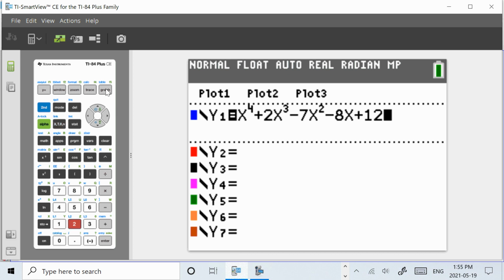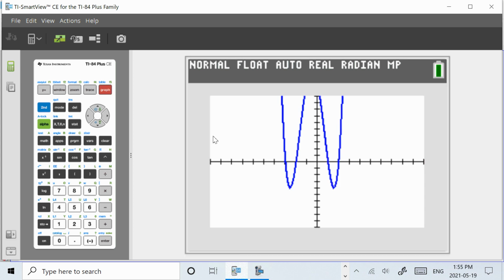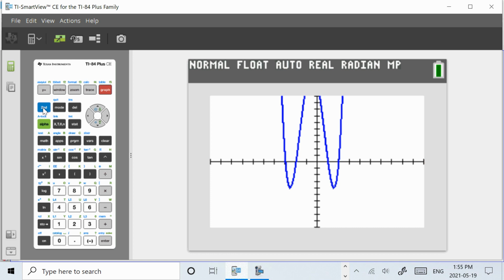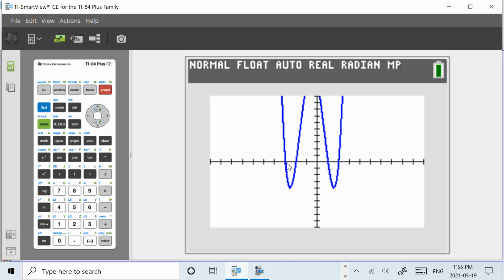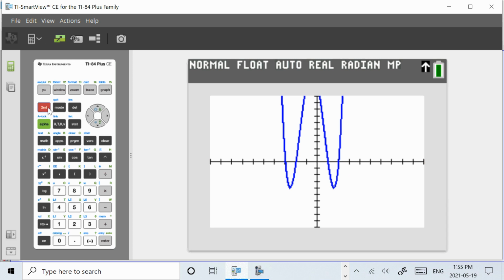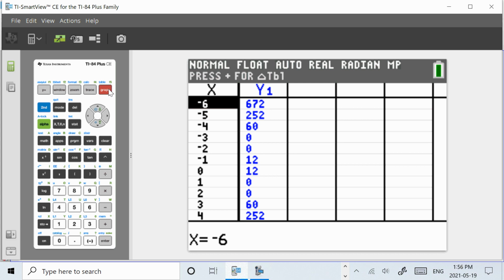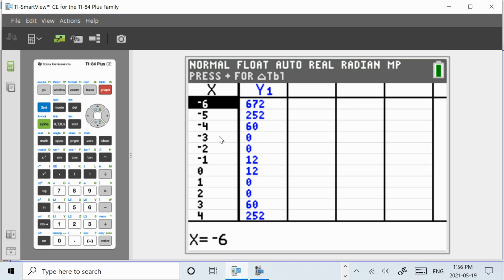I'm just going to look at the graph really quickly, and there are actually 4 x-intercepts, so that means there are 4 zeros here. I'm going to look at the table for the zeros. Here they are. -3 is one of my x-intercepts, -2 is an x-intercept, 1 and 2. So the zeros of this polynomial function are -3, -2, 1, and 2.